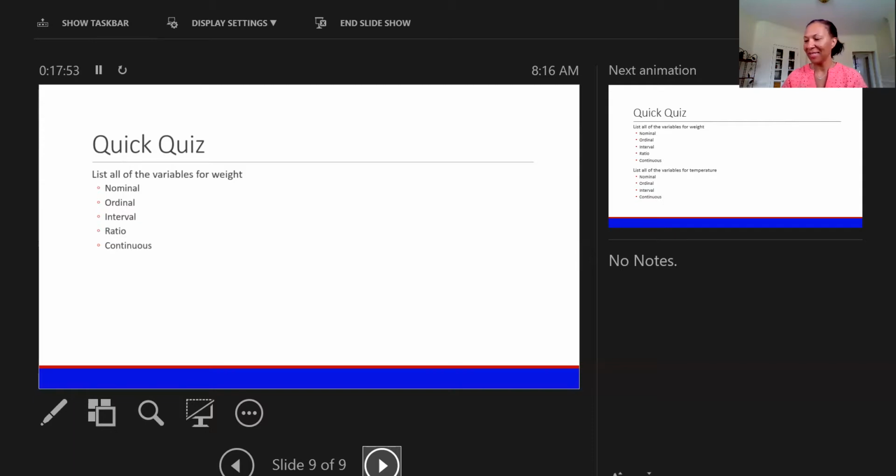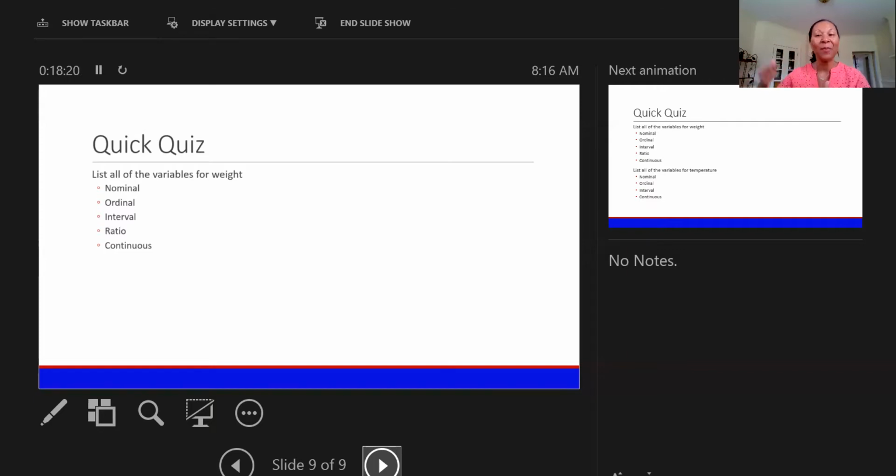I'm using some examples here. So it's ordered. We know that 1 pound is less than 2 pounds, less than 3 pounds, and so on and so forth. Or even if we look at how we classified it as nominal data, lightweight can be listed as number 1, middleweight is number 2, heavyweight is number 3.